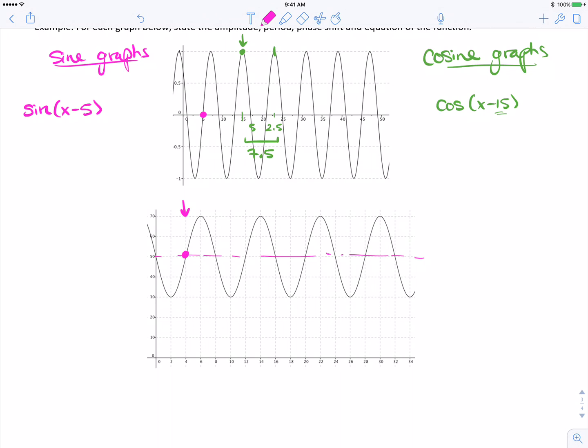For my sine function, my amplitude is going 20 units above and below. I have been shifted 4 units to the right and 50 units upwards. If I look for my period, it takes 8 units for a full cycle. So this is those 8 units for a period.